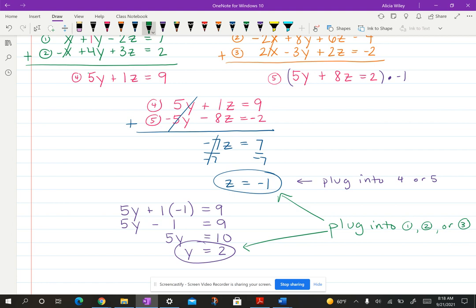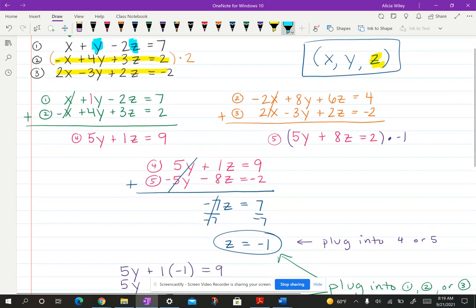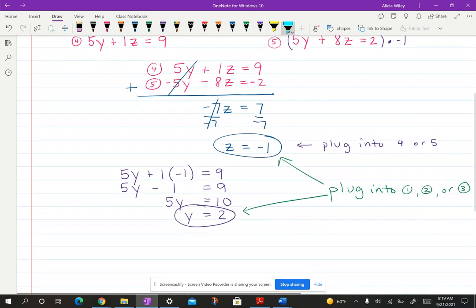So going back to one of the originals up here, where you have an x, y, and z, I can plug in a y, I can plug in a z, and the only variable I'll be left with is an x. So you get to choose which equation you're going to plug it into. I'm going to choose that first one.